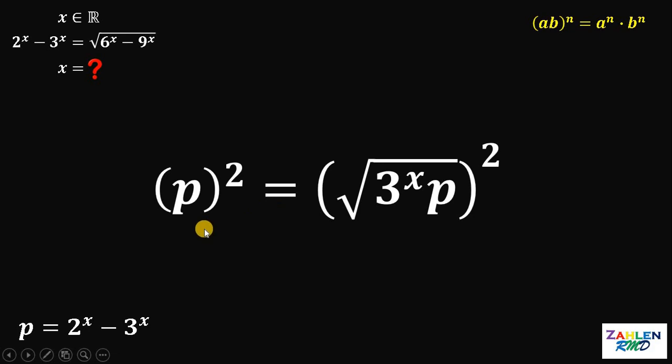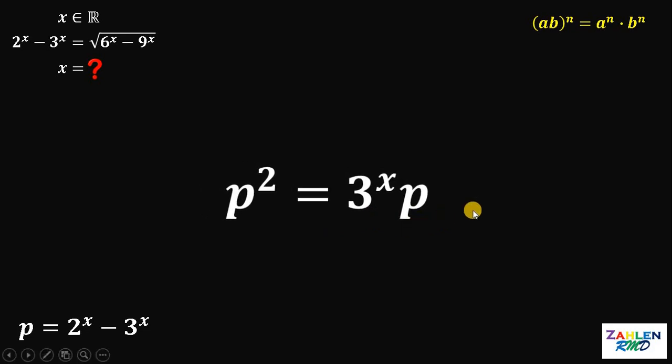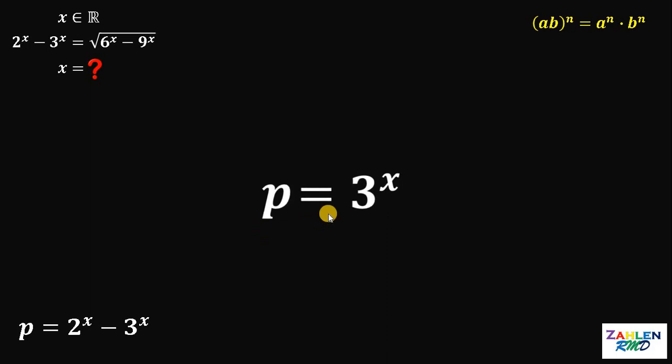Now, on the left-hand side, we have p squared, and on the right-hand side, we have 3 raised to x times p. Now, divide by p on both sides, so we can cancel out one p on the left side and one p on the right side. Therefore, we have p equals 3 raised to x. But don't forget that p is also equivalent to 2 raised to x minus 3 raised to x.